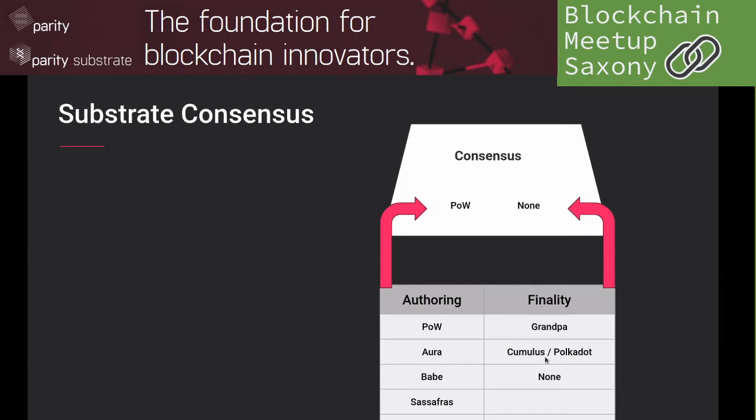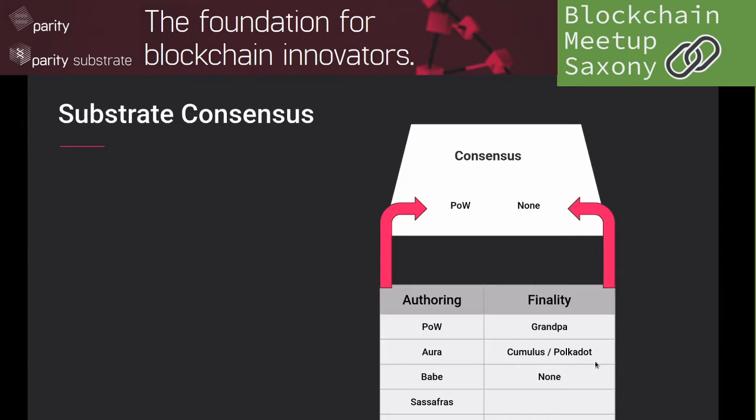Basically the way that works is you say, whenever I see that the Polkadot chain has mentioned one of my blocks and it got finalized there, then we also consider it finalized on our chain. So it's not really a pure finality mechanism on its own, but it's a way to pull your finality from another chain, like the Polkadot relay chain, for example.